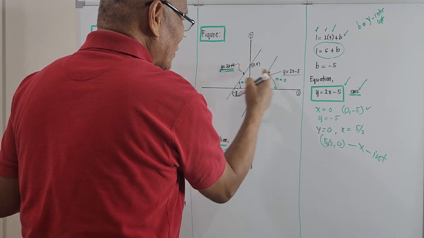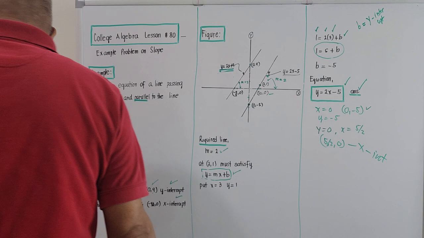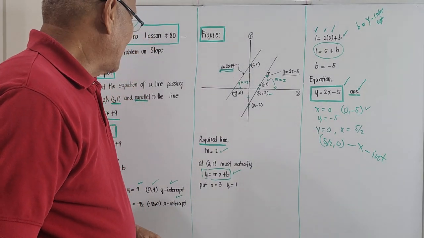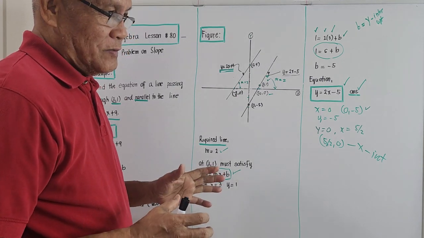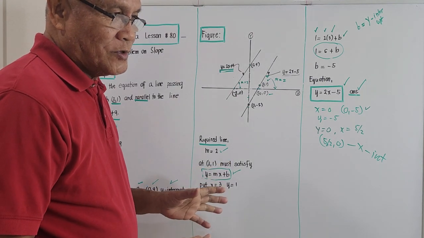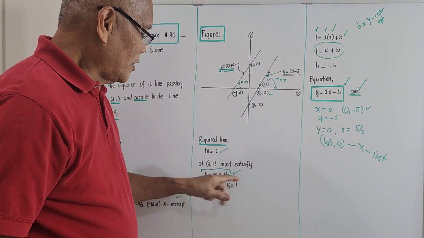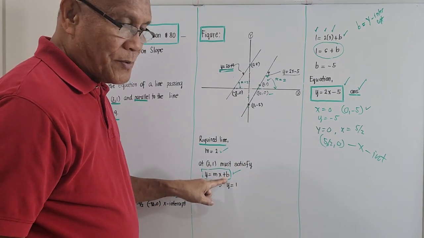Their slopes are equal because they are parallel lines. That's the way to solve this problem. It is a problem on the so-called slope. The key to the solution is using the slope-intercept form, y = mx + b, where m represents the slope of any straight line and b represents the y-intercept.